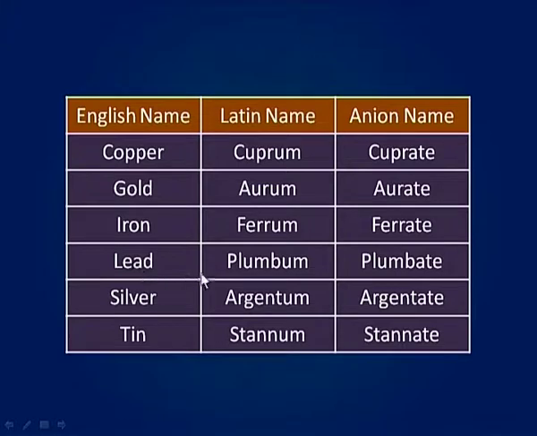Lead, which has the Latin name plumbum, is named as plumbate when we name it in anionic complex. Silver, having the Latin name argentum, is named as argentate, and tin with Latin name stannum is named as stannate.